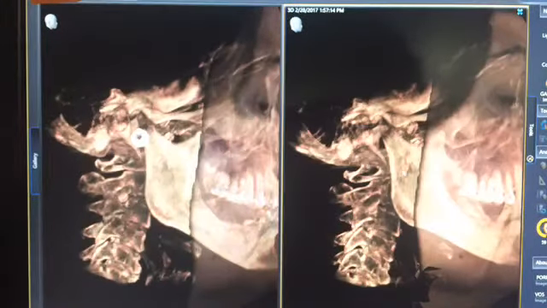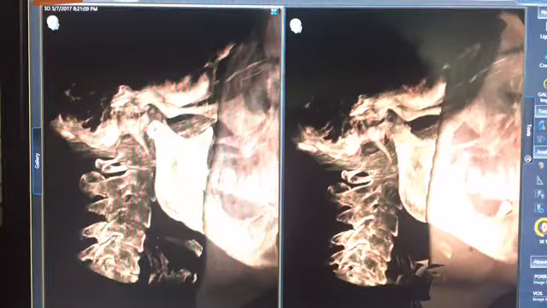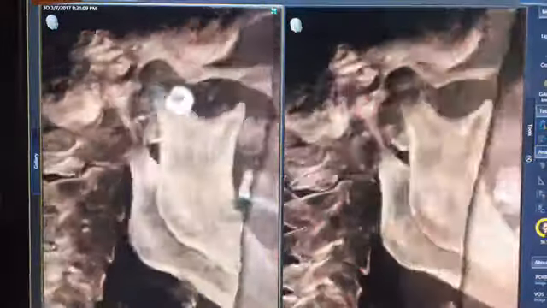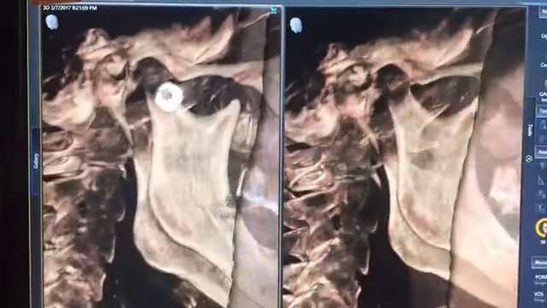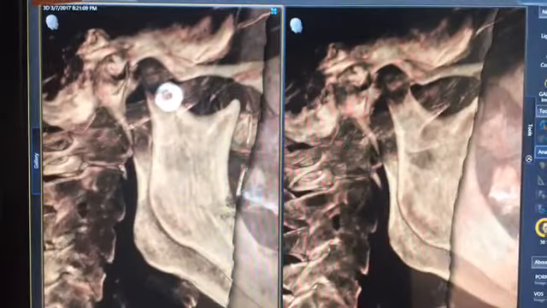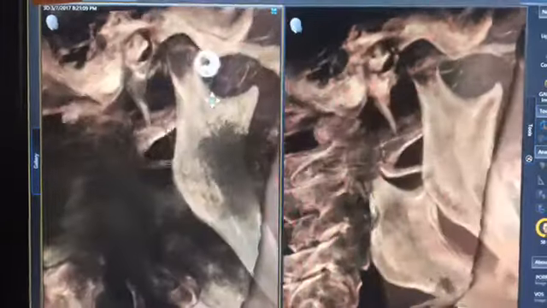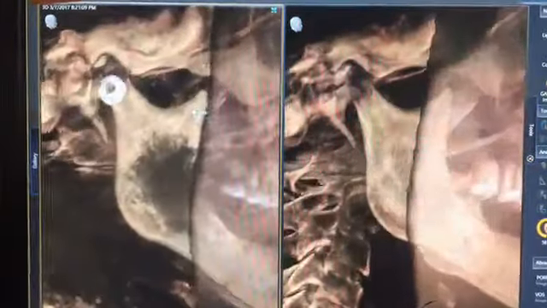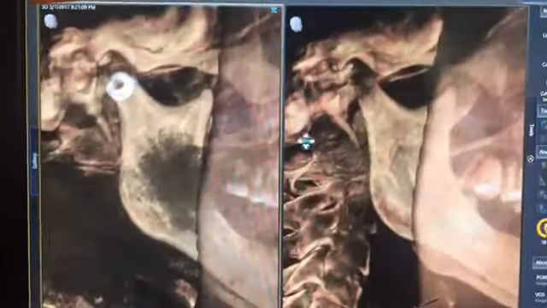This is the preliminary scan, and this is after we found the bite. We notice that on the right side, the changes in the joints are not as dramatic as on the other side. We see a little more density, which tells us that that condyle was not in bad shape.